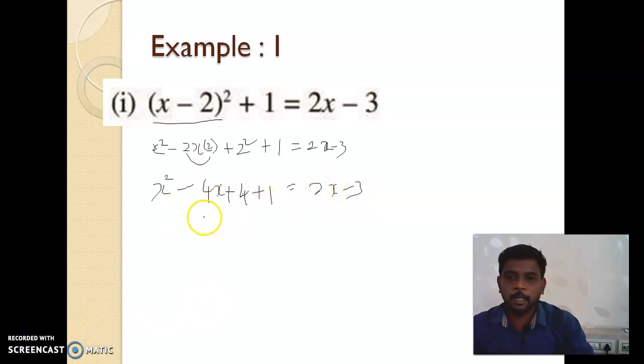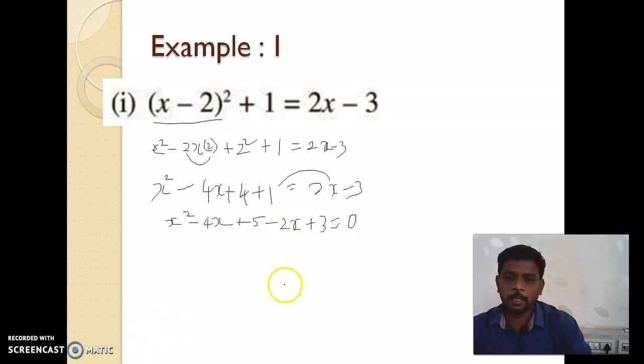Simplify again: x square and minus 4x, and transpose these two terms to the left hand side. Already 4 plus 1 is 5. When we transpose, it becomes minus 2x, and minus 3 becomes plus 3, equal to 0.